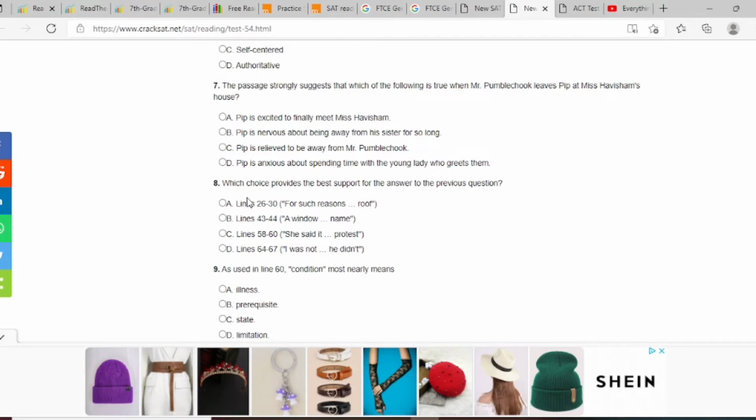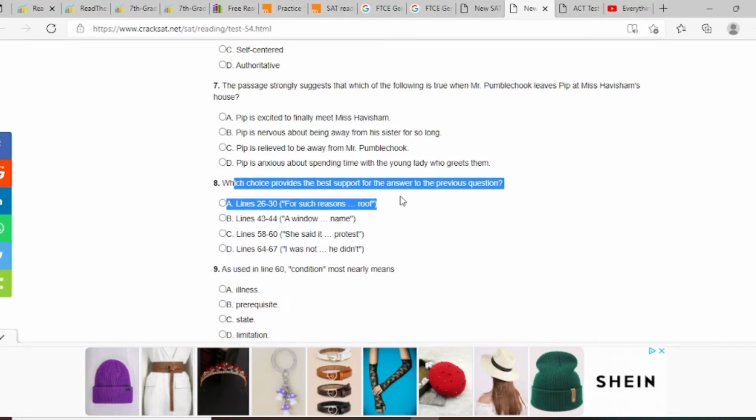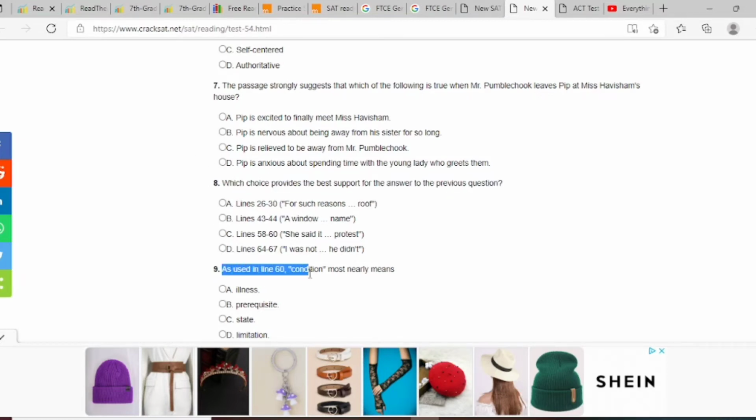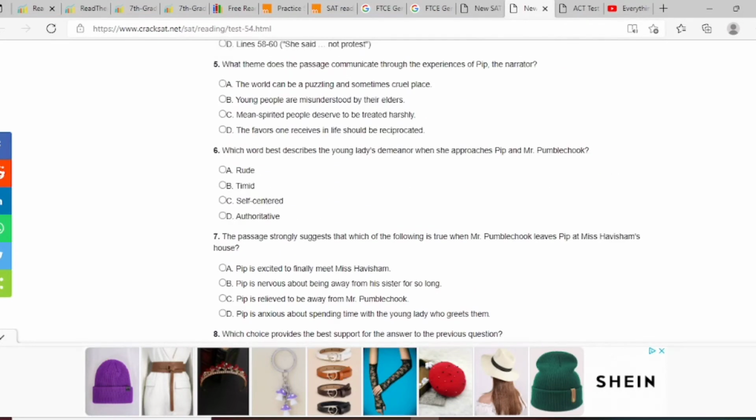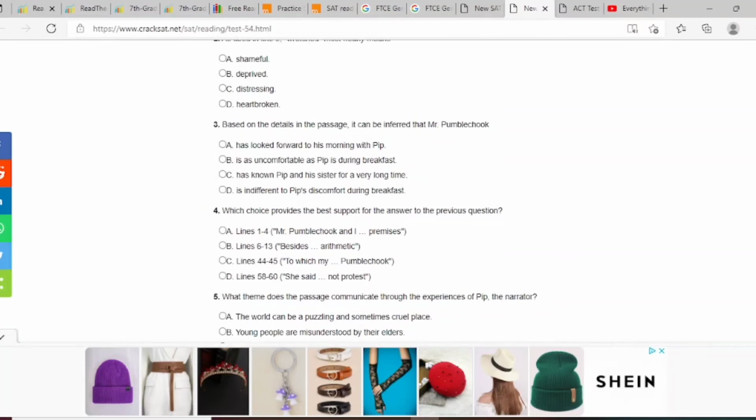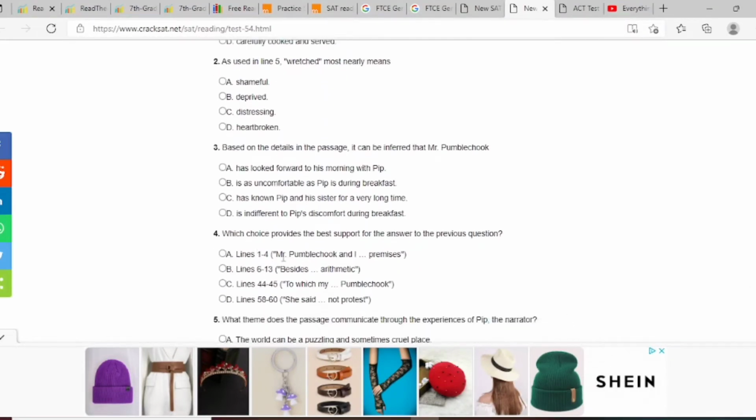So for example, where it says which choice provides the best support for the answer to the previous question, this is an SAT type question, not a general knowledge reading exam question. So you're not going to see anything like this on the GK exam, but you will see question terms like, as used in line 60, condition most nearly means. But when practicing you can skip these.